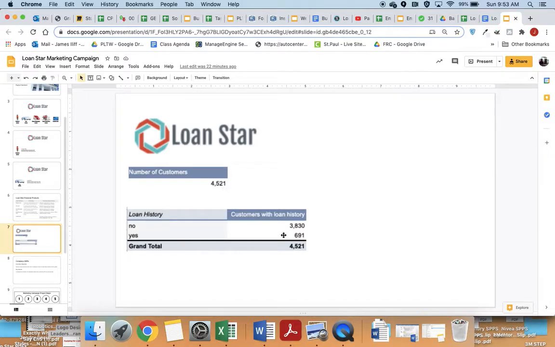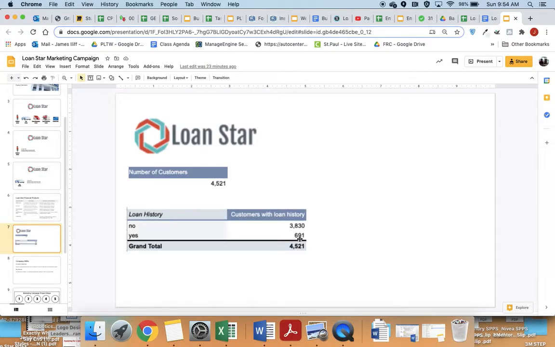Okay, now check this out. Here's some more data. Of that 4,521, here are the customers with loan history or no loan history. So 3,830 have never had a loan with Lone Star, so no loan history. 691 have had a loan or multiple loans with Lone Star.